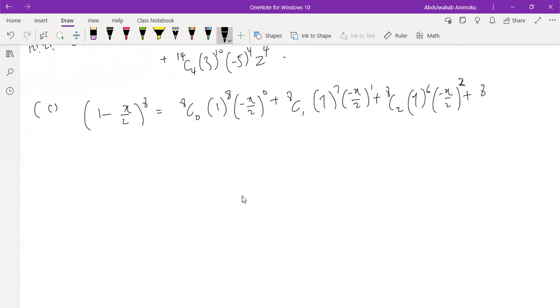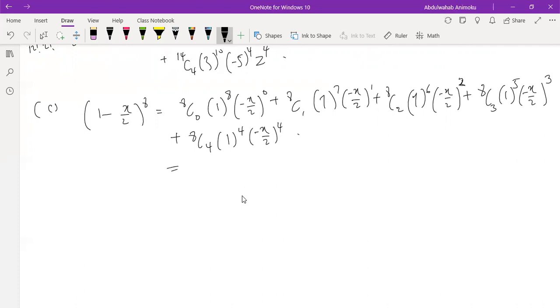Square, then 8 combination 3, 1 raised to the power 5, minus x over 2 cubed, then 1, 2, 3, 4. So the last one, 8 combination 4, 1 raised to the power 4, minus x over 2 raised to the power 4.